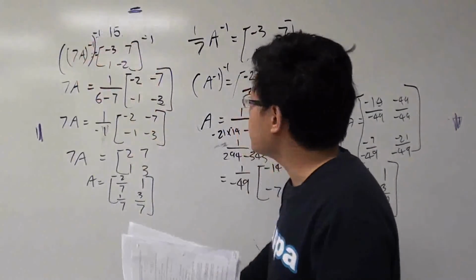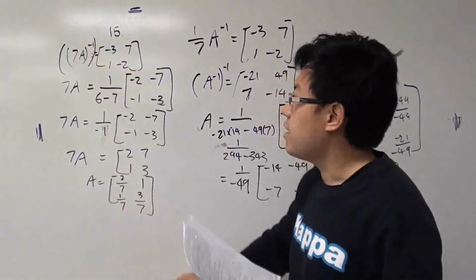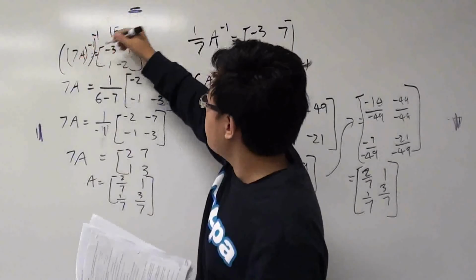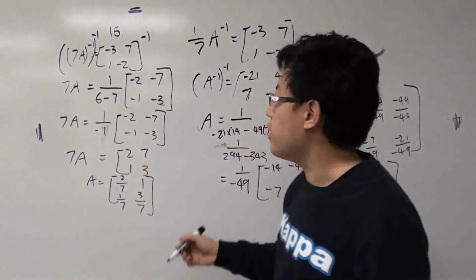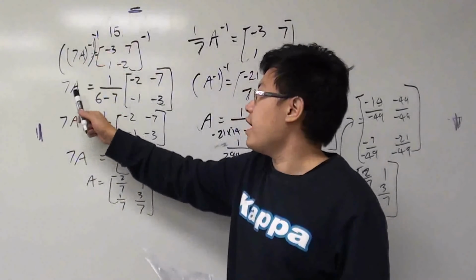It was like this before, and then I did the inverse on all of them. The inverse and the inverse cancel out, so you're going to have 7A.